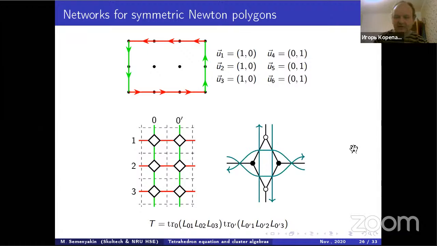Then you can define a sort of discrete time evolution, at least that's what I know personally. You can define a discrete time evolution which changes these Boltzmann weights in such a way that the state sum remains an integral of motion. Well, actually, it depends. There is not one state sum.